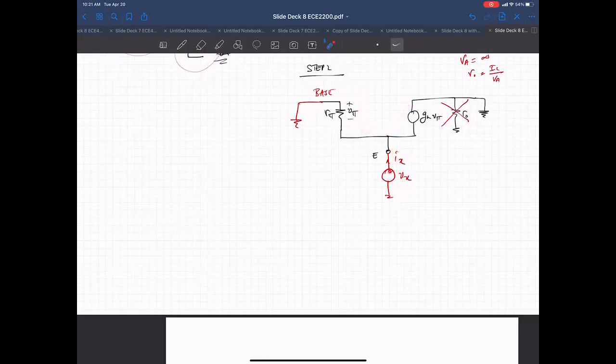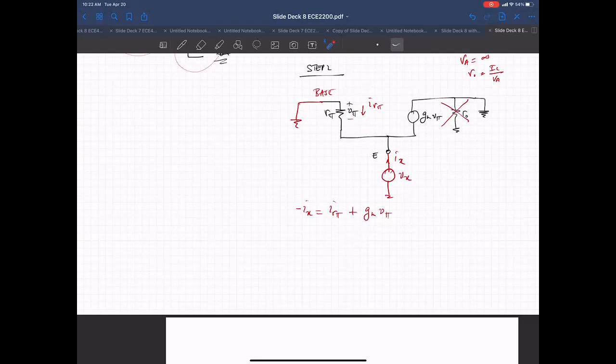But because you've defined I sub X as flowing into the node, you'd say that minus I sub X is equal to the current flowing through R sub pi plus G sub M V sub pi, which is this current flowing in. So this guy plus this guy is the negative of this guy, going in another direction.